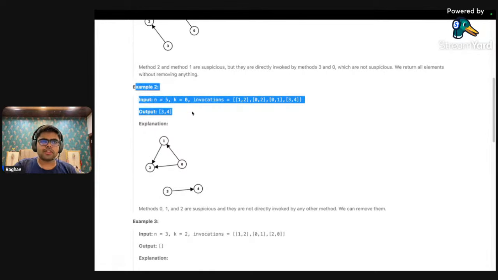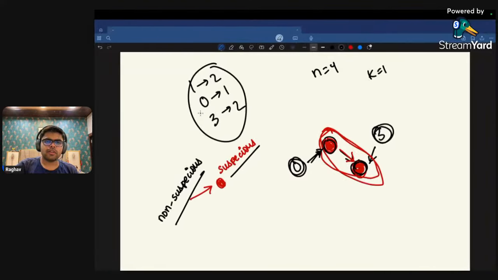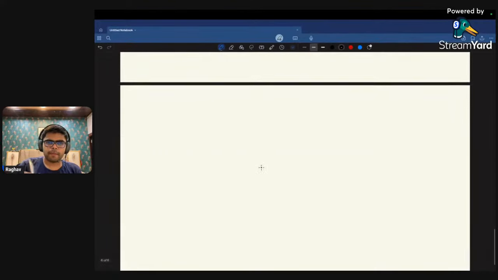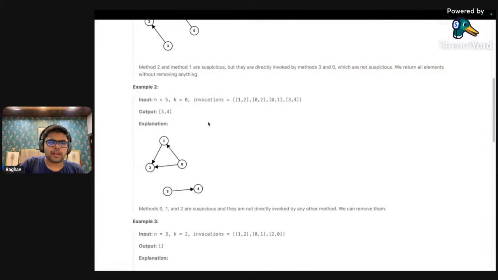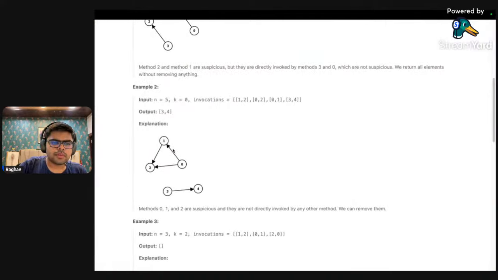Okay, so this is example 2 in which we have been given n equal to 5, k equal to 0, and the edges 1 2, 0 2, 0 1, 3 4, basically this graph.